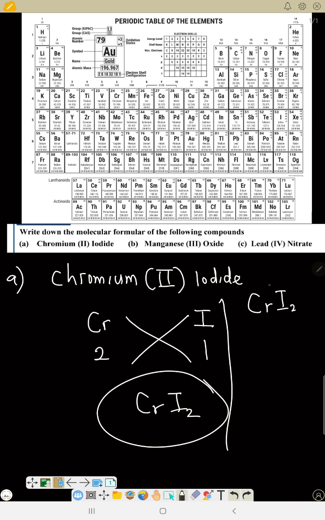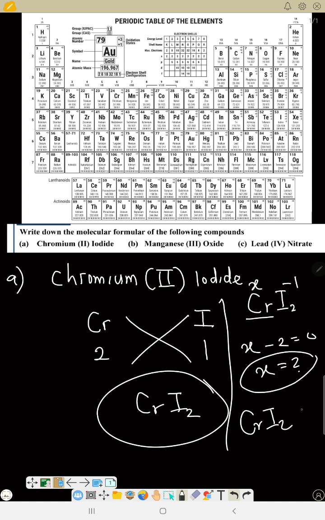That is why we need to underline chromium. So, find the valency of the underlined element. The valency of the underlined will be X. Iodine is -1, so X minus 2 equals 0, so X equals 2. That means the valency of chromium here is 2. So this is chromium 2 iodide.